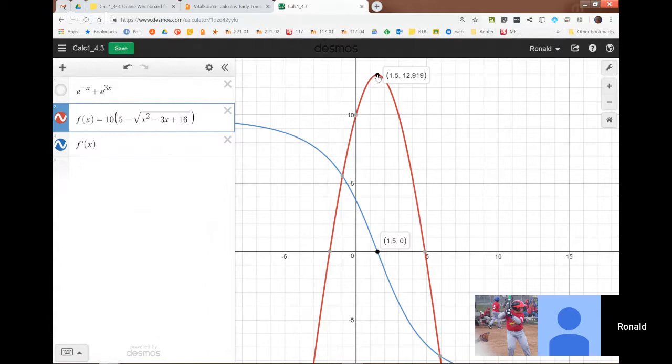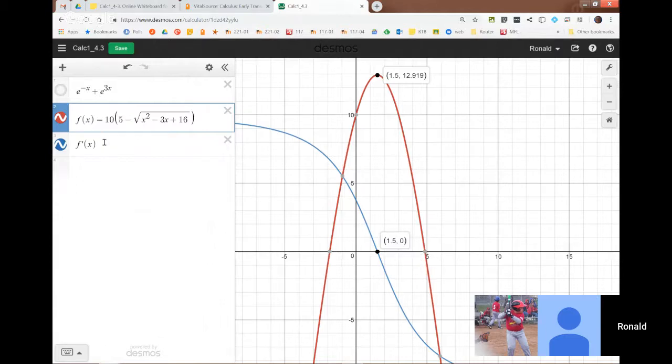We can see that. And where is the function increasing? It says go from, what did it say? Go from 0 to 5. It's increasing from 0 to 1.5, and it's decreasing from 1.5 all the way down to 5.